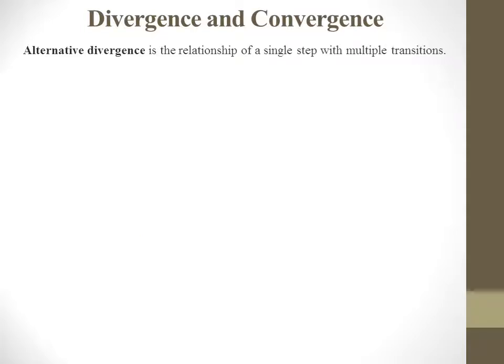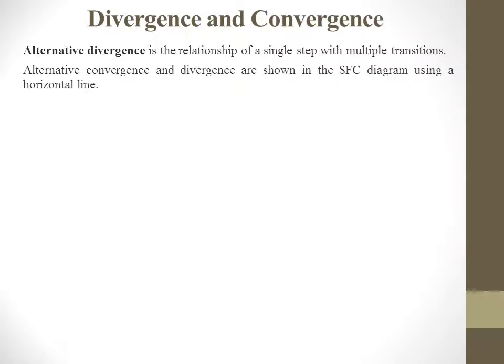Alternative divergence is the relationship of a single step with multiple transitions. Alternative convergence and divergence are shown in the language using a horizontal line, as we saw in the last picture.